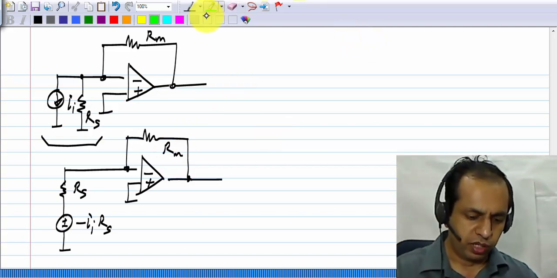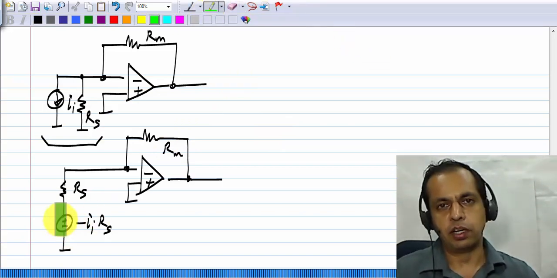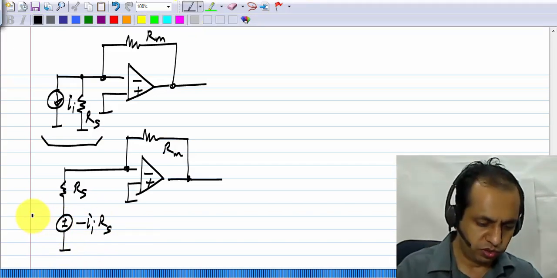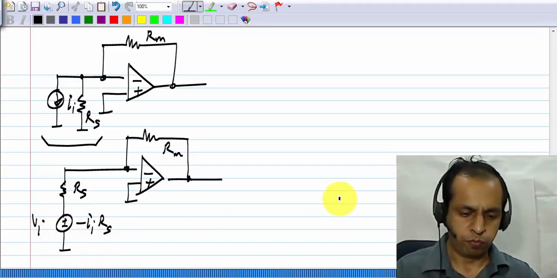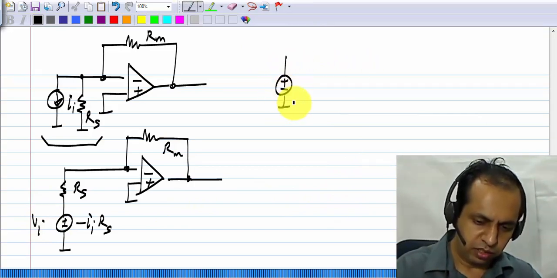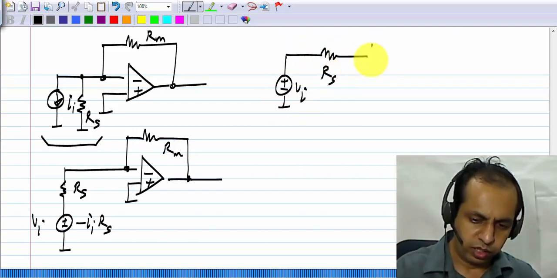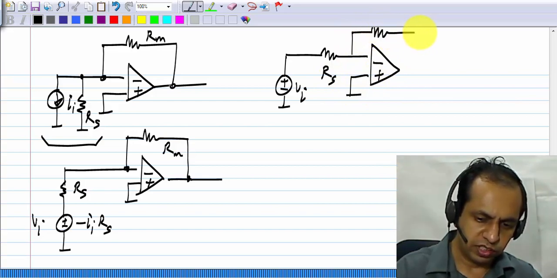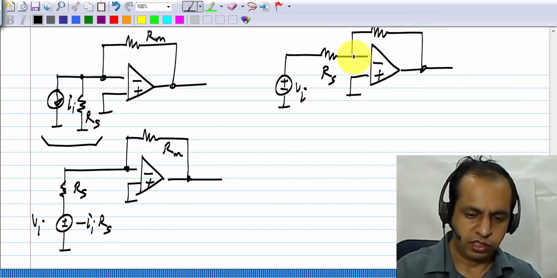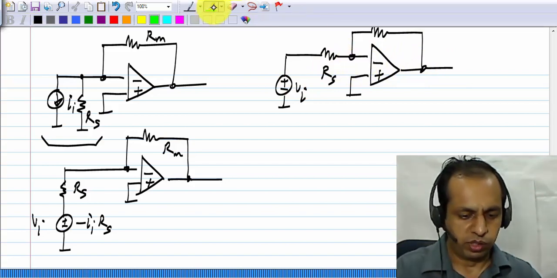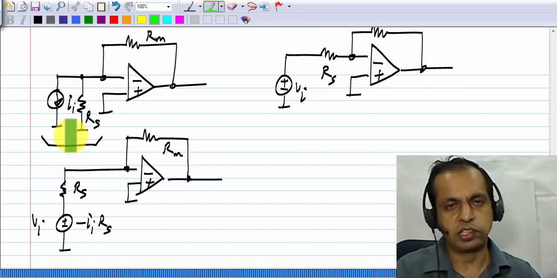Now once we have this circuit, we can forget that we ever started from a current source. We can just think of this as a voltage source Vi, and draw it like this, where we have some resistance Rs in series with the input source. Okay, now we can forget about the fact that this was the internal resistance of the current source.